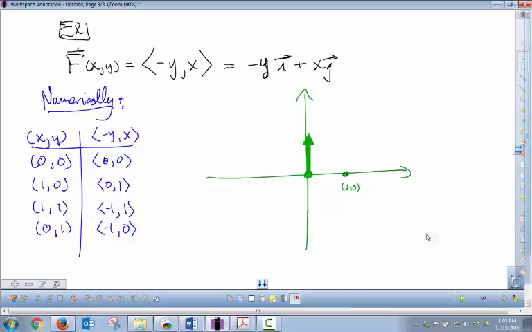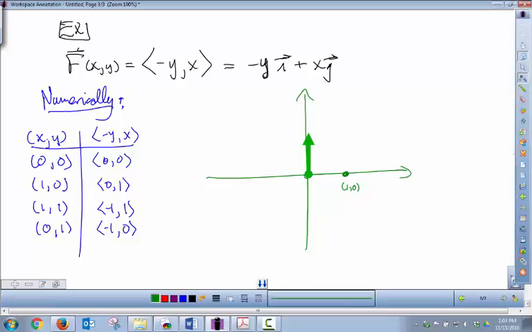So I'm going to take another point, like 1, 1. And then I'm going to see where that vector is going to go. So the point 1, 1 is going to get sent to the vector negative 1, comma 1. So negative 1, comma 1 points this way, I think.